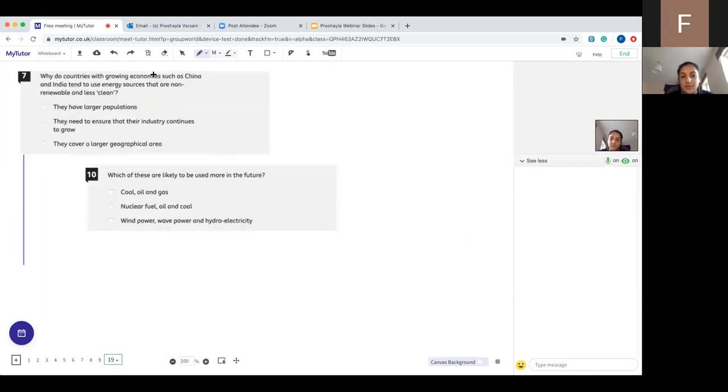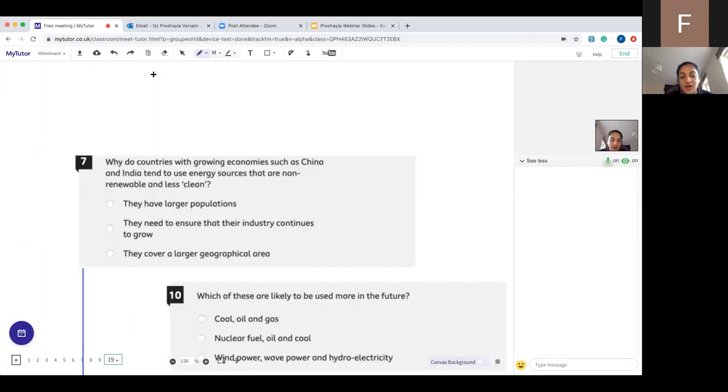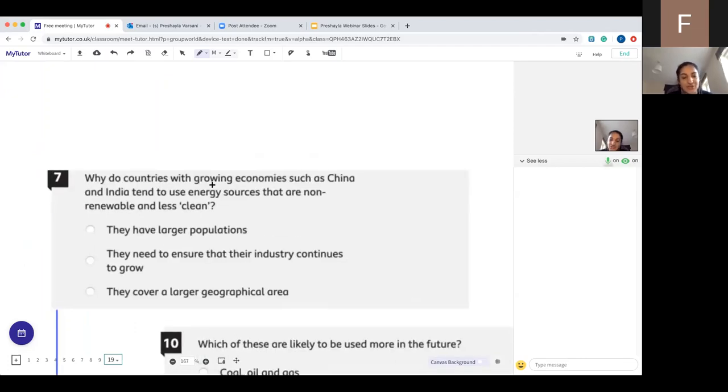Why do countries with growing economies such as China and India tend to use energy sources that are non-renewable and less clean? Countries such as China and India tend to use non-renewable energy resources to ensure that their industry continues to grow.